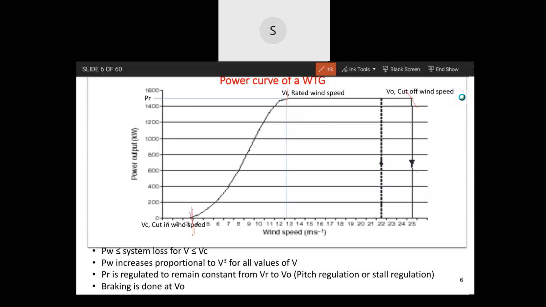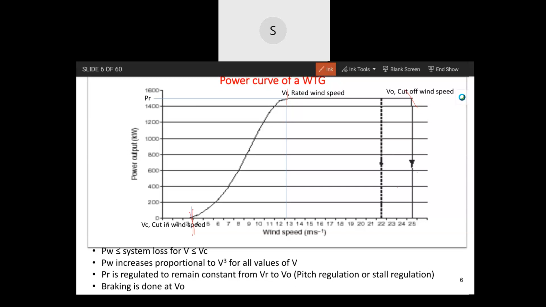So the power input to the wind turbine minus its losses is the power output of the turbine. Then the power output of the turbine is the input to the gear, minus its losses is its output. Again, a generator has its power input minus its losses, that will be its output.